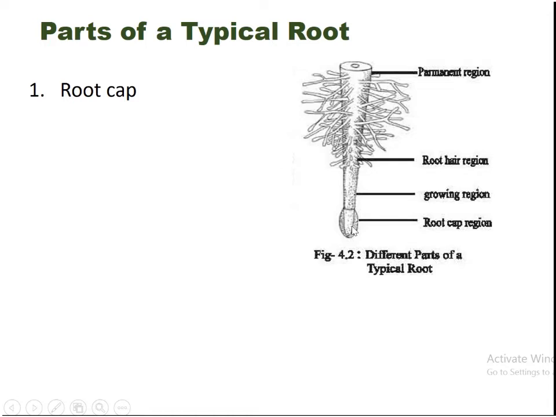A cap-like structure at the tip of the root is the root cap, and its function is very simple: protection. It protects the root from being damaged. Just behind this root cap region is the growth region.